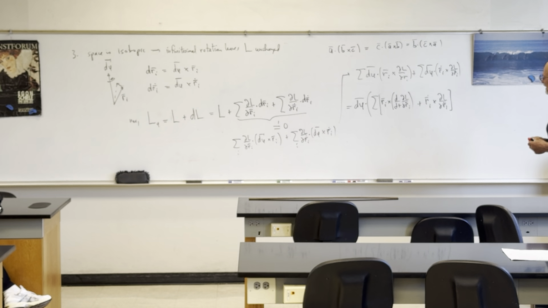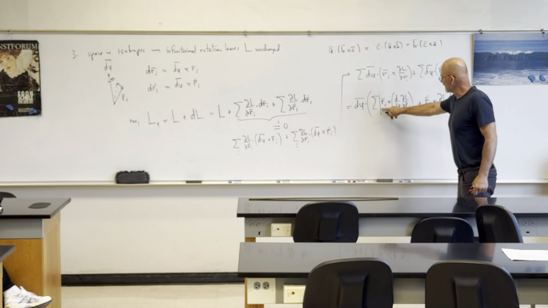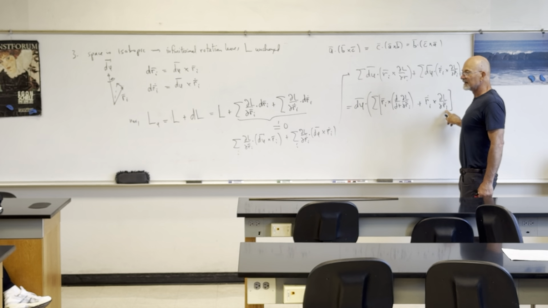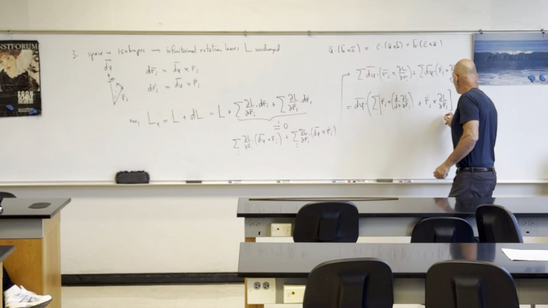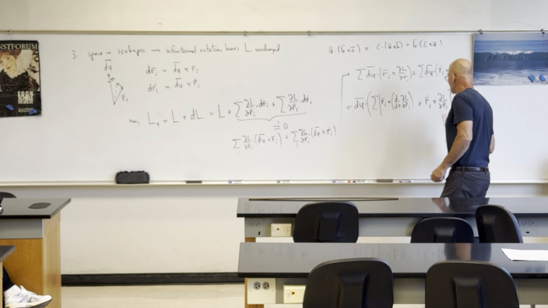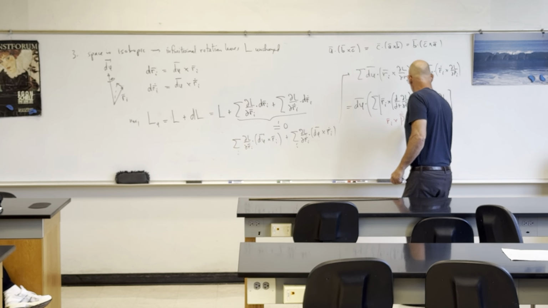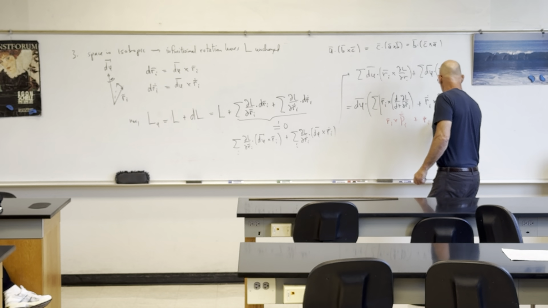Okay, once we write that down, who sees the punchline? This is the product rule, because I've got r sub i cross the time derivative, plus the time derivative of r sub i cross the non-time-derivative. And this here is p sub i, and this is p sub i dot. So I have r sub i cross p sub i dot plus r sub i dot cross p sub i.